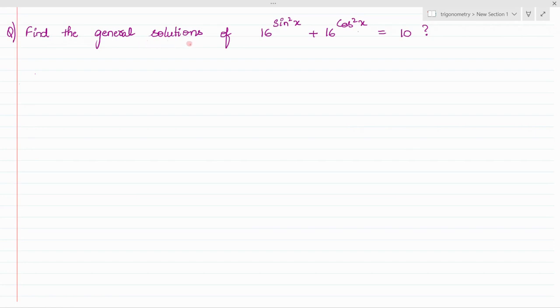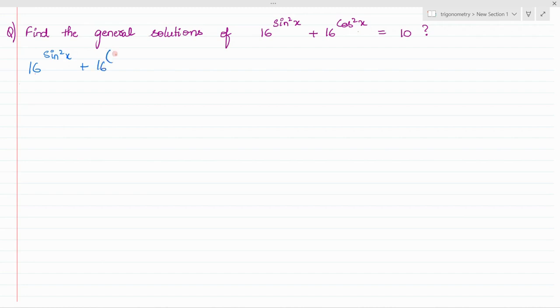In this question, we need to find the general solution of 16 sine square x plus 16 cos square x is equal to 10. So first, convert either sine in terms of cos or cos in terms of sine. So here I'm just converting cos in terms of sine.